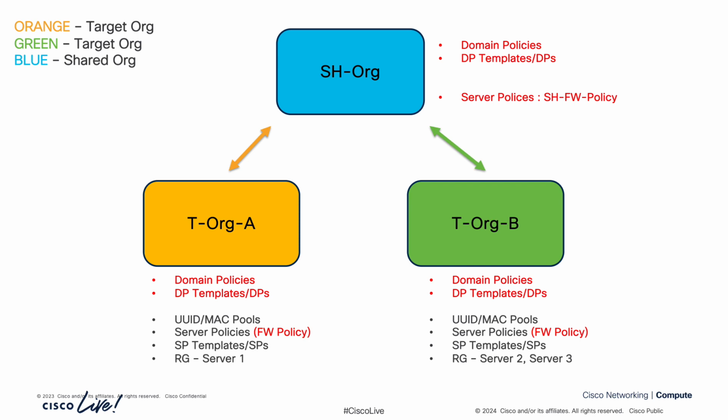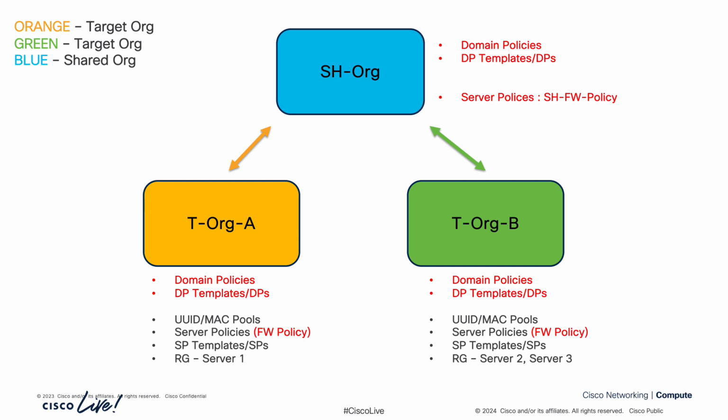And as you get comfortable and create more and more policies up here in the shared org, you may wish to move the template up to the shared org. That all depends on how you want to do your RBAC and who's going to control what. You might also notice here that we have a resource group on the target org, and it says server. That's because we've just introduced adding servers to resource groups.